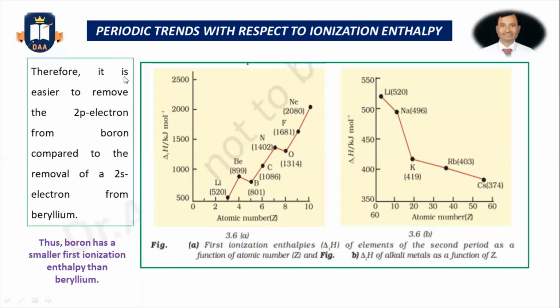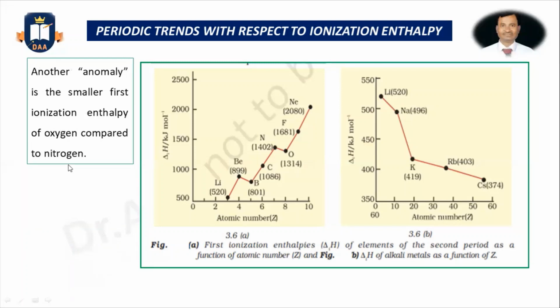So it is easier to remove the 2p electron from boron compared to the removal of a 2s electron from beryllium. And thus boron has a smaller first ionization enthalpy than beryllium.